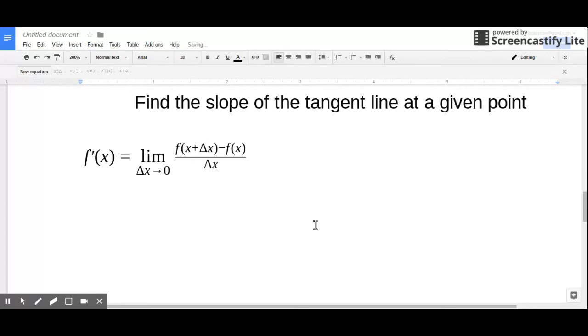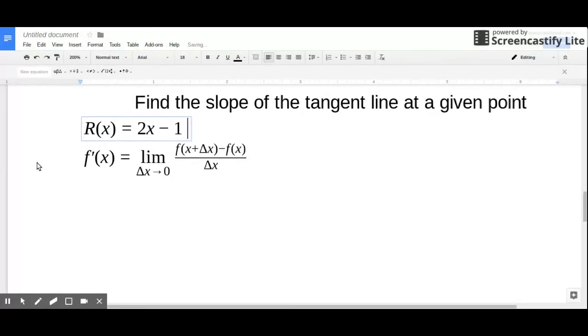All right, let's look at another one here. We'll call this one R. Why not? We'll say R of x is equal to 2x minus 1. And we're going to be trying to find, well, we are going to find the slope of the tangent line at the given point 0, negative 1.